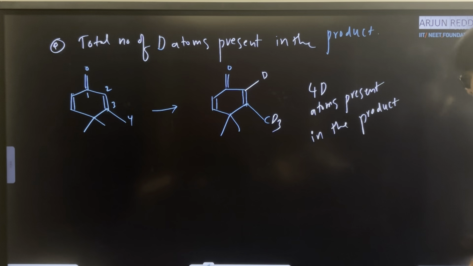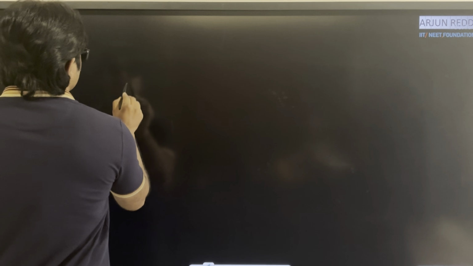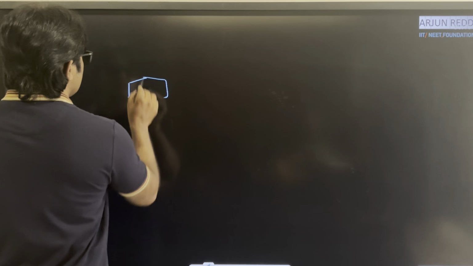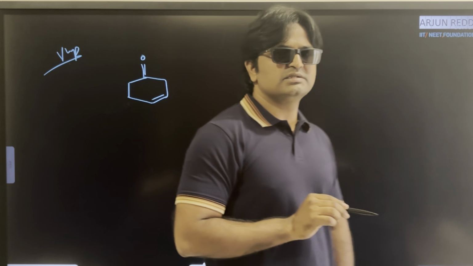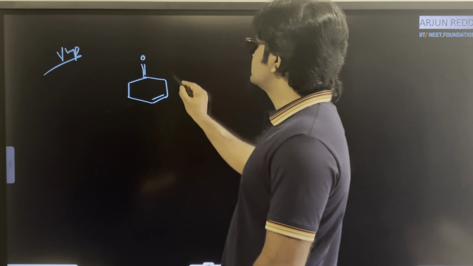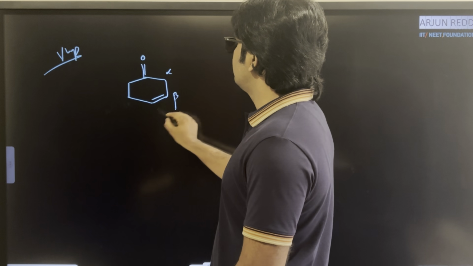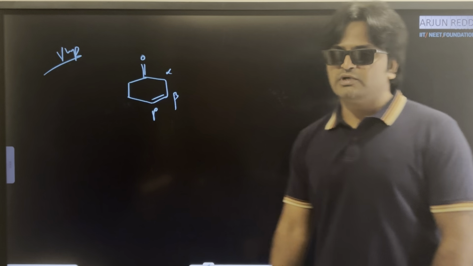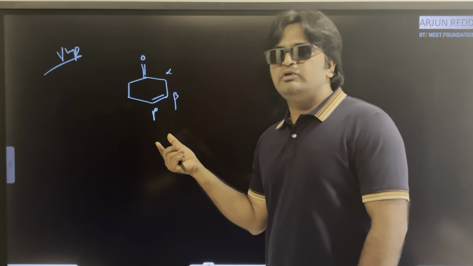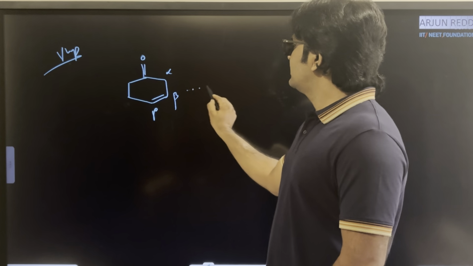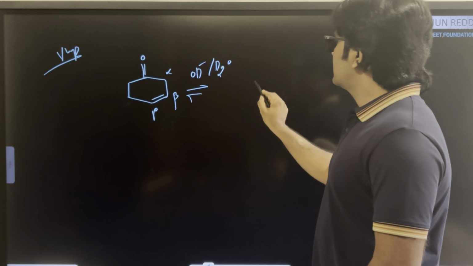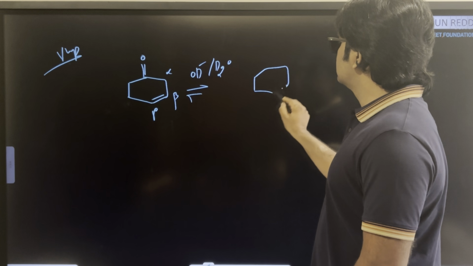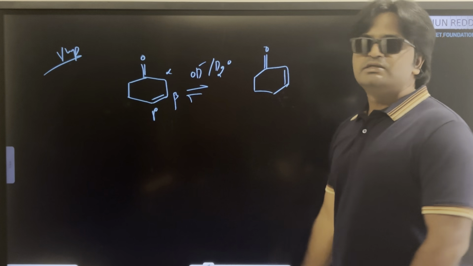Okay. Now last example, a very important example. Here I am giving C double bond O and here a double bond is given. Whenever this is the position of double bond, I am taking alpha, beta and gamma positions. If the pi bond is present between beta and gamma, there is no conjugation. But under these conditions, OD minus and D2O, your compound is undergoing pi bond migration in order to give a stable compound.